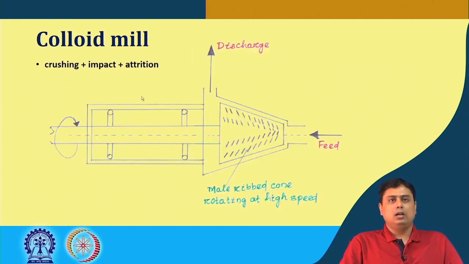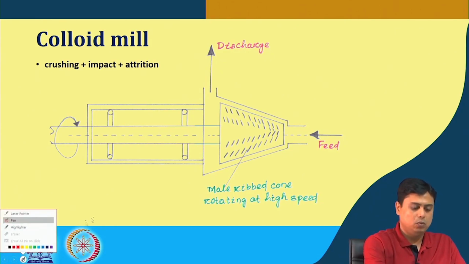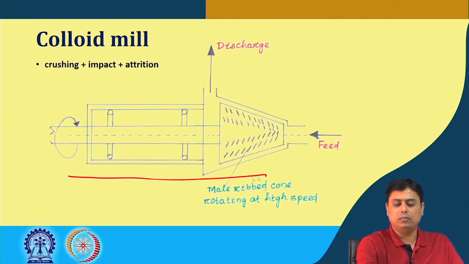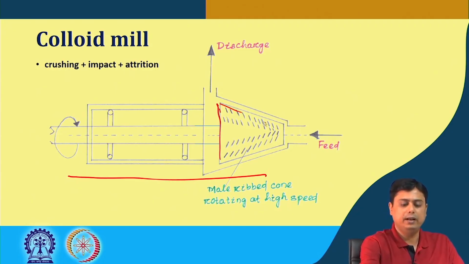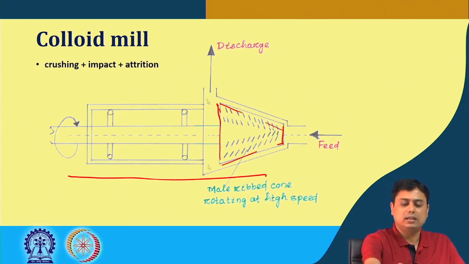The other such example is the colloid mill. In such equipment, we have a spindle that has a conical head inside a static chamber.